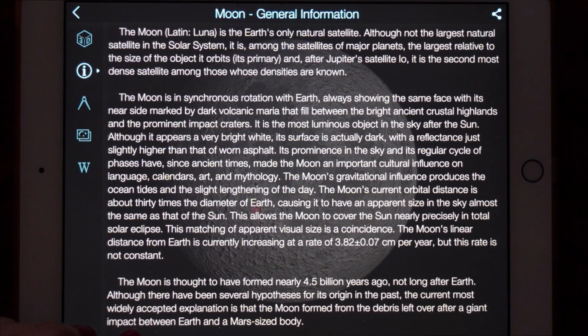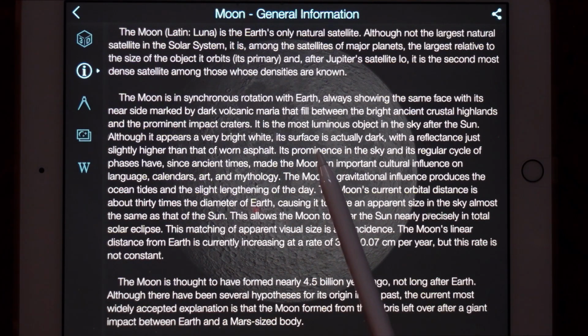Its primary, and after Jupiter's satellite, Io, is the second most dense satellite among those whose densities are known. The moon is in synchronous rotation with Earth, always showing the same face, with its near side marked by dark volcanic maria that fill between the bright ancient crustal highlands and the prominent impact craters.